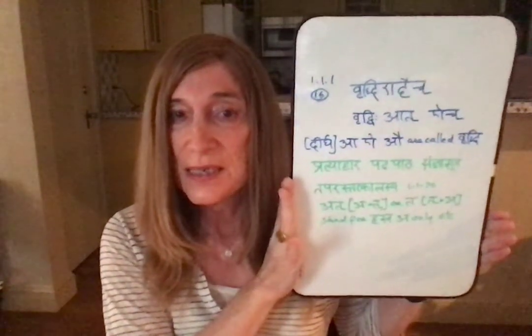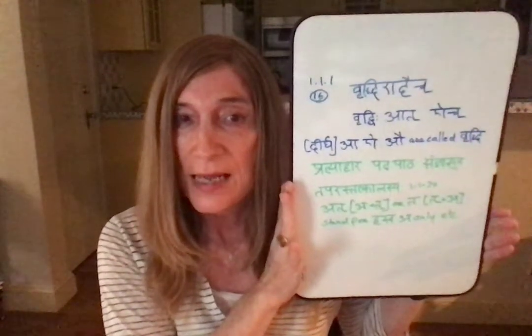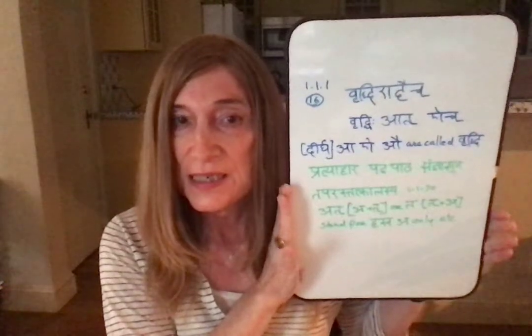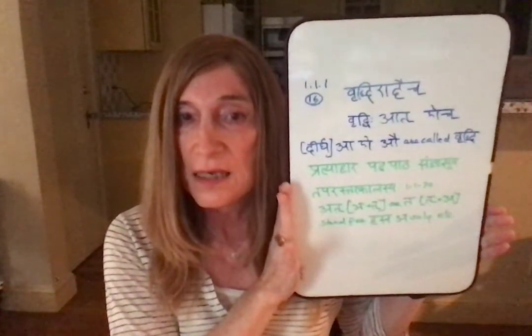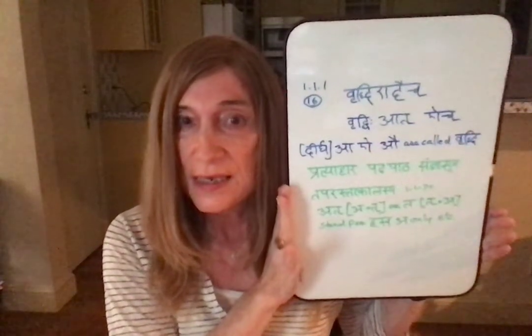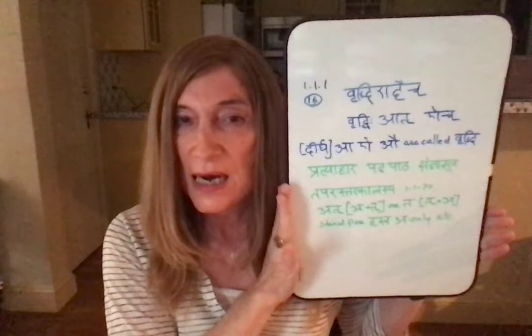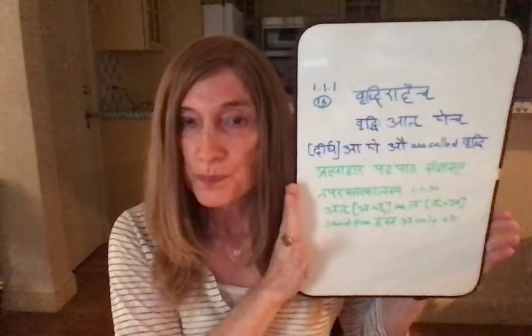So if we then take the next analytic step, we're left with vriddhi is dirgha a, dirgha ai, and dirgha au. Dirgha a, dirgha ai, dirgha au.